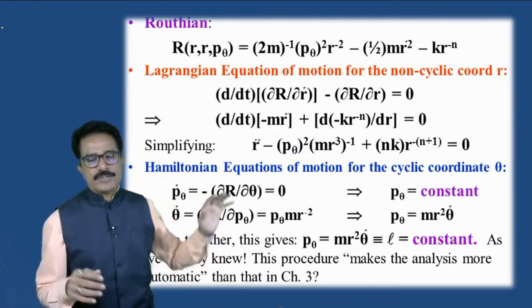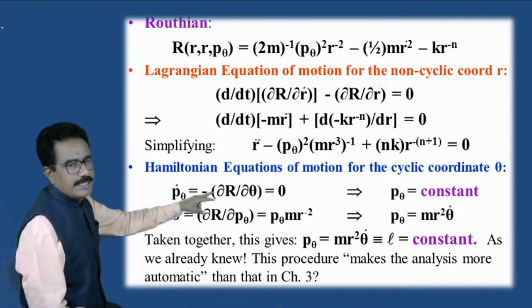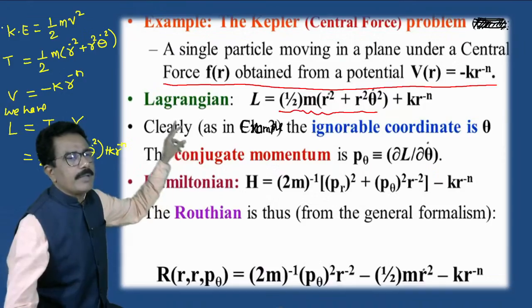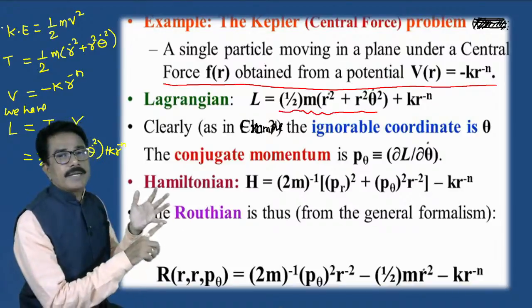Here in this case we have discussed one general problem, and that problem is Kepler's problem. Due to the central force, we can express this Kepler central problem in the form of Lagrange's.